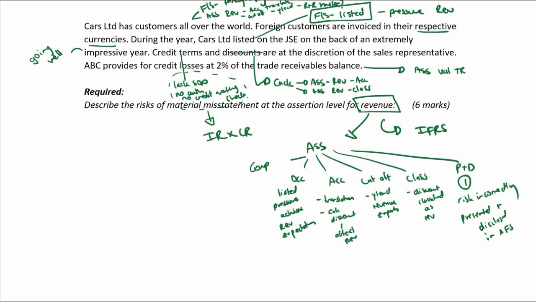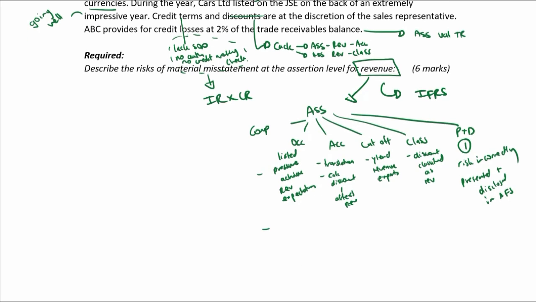Alright, so we're sitting here with 5 based on the information in the question. Is there anything else? Guys, I'm going to tell you now, there is a nice risk that you can always put down for revenue, and it's that there is, or it's revenue recognized when it shouldn't be in terms of ISA 240.